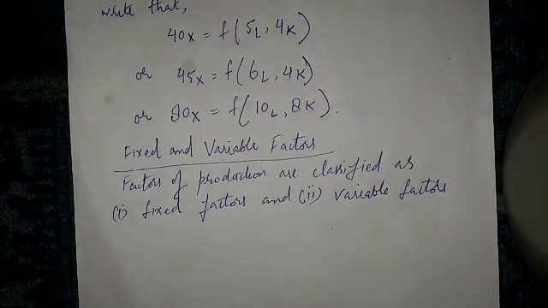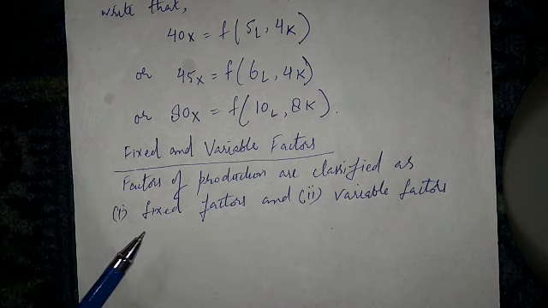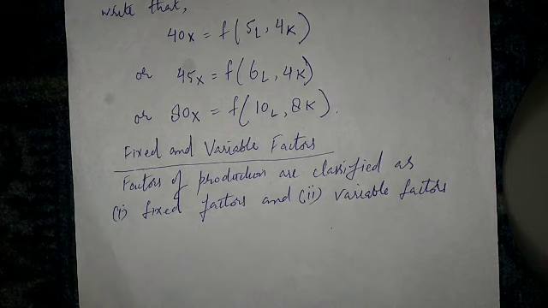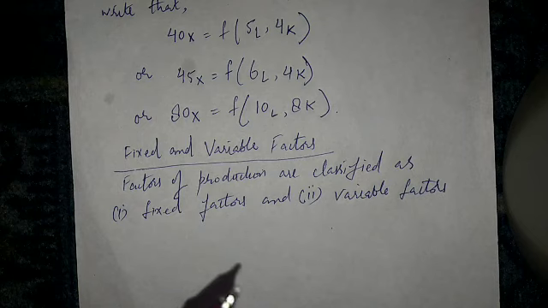What are the fixed and variable factors? You see, factors of production are classified as fixed factors and variable factors. Fixed factors are those the application of which does not change with the change in output. In fact, fixed factors like machines are installed before output actually commences.